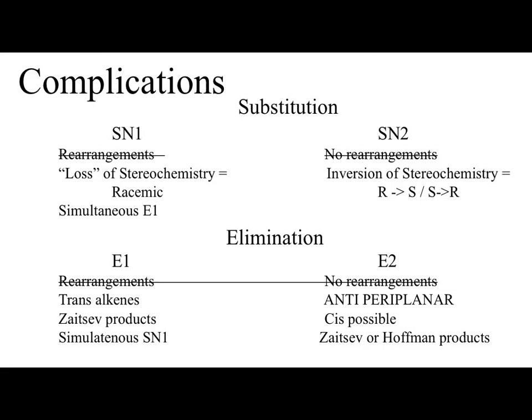The other issue is that they're simultaneous with your SN1. When it comes to E2, you can ignore the Hofmann products. You do get the cis possible products. Why is cis possible? It comes back to the stereochemistry of the E2. You have to be in that anti-alignment for the E2 elimination to occur.